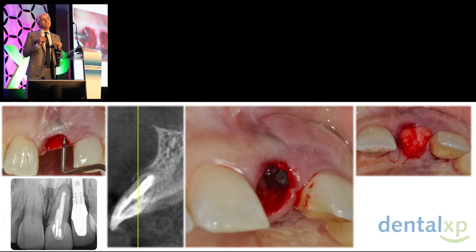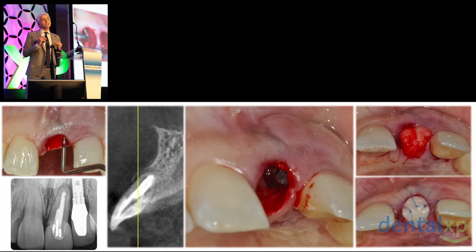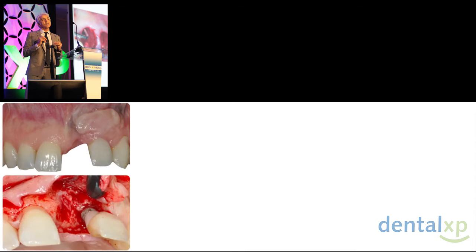So this case was reconstructed using recombinant human BMP2 with a mucosal free gingival graft over the surface to contain that. But you can see that despite this, after the reconstruction, there's significant collapse of the soft tissue. So we've reconstructed the bone partly, but we have significant mucosal deficiency.